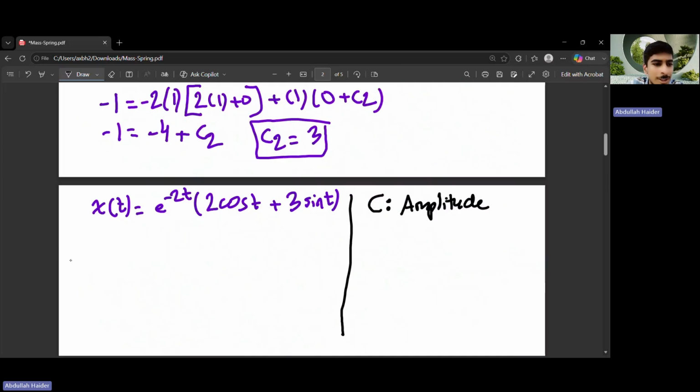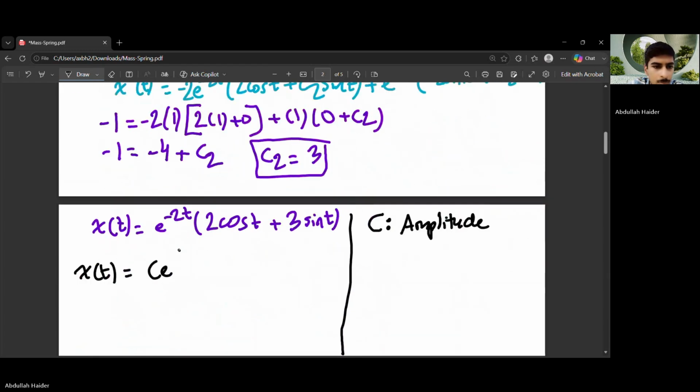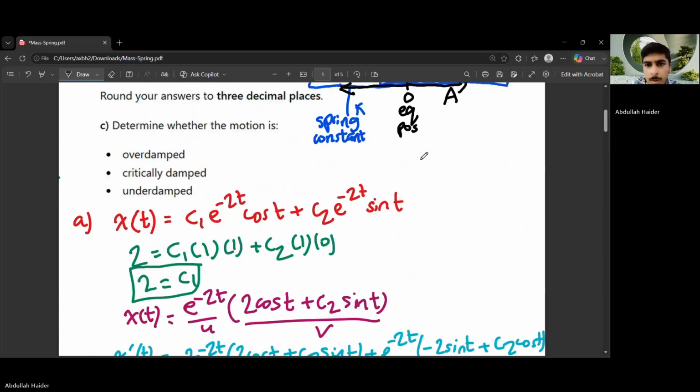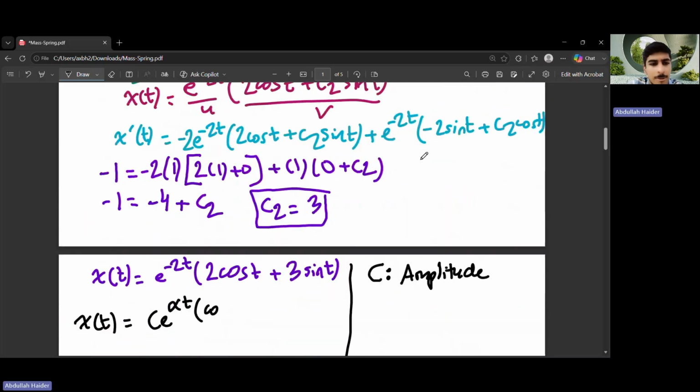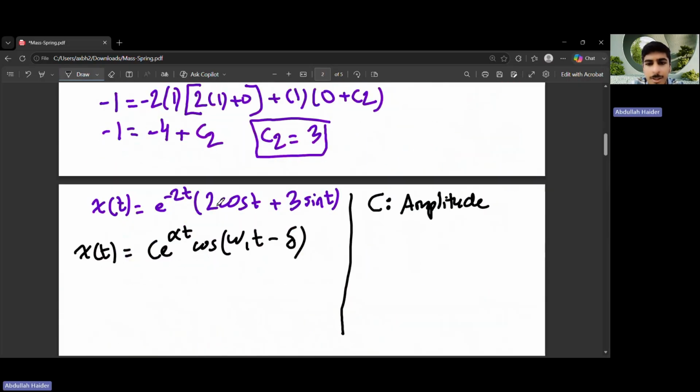One second. I think I should write this question here first. So the question is asking us in terms of x of t is equal to C e power alpha t cos omega 1 t minus delta. Right? Yeah. So this C over here is called the amplitude.